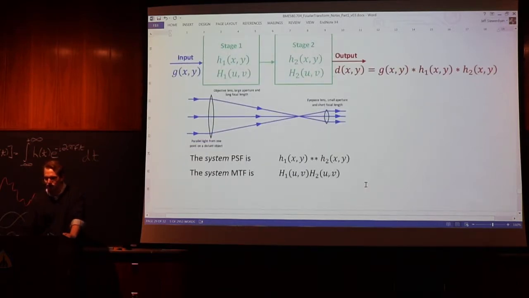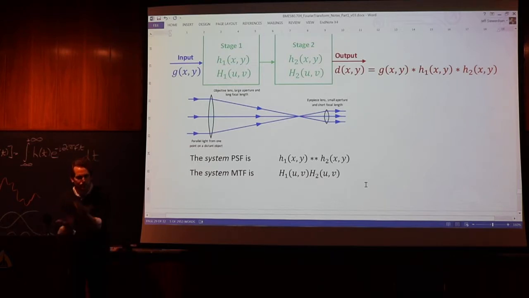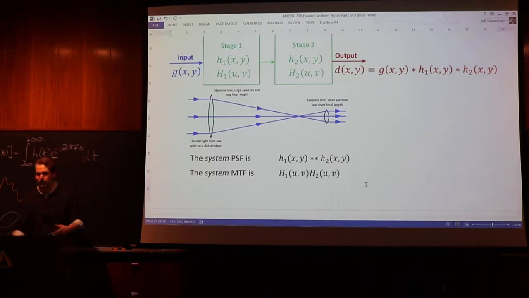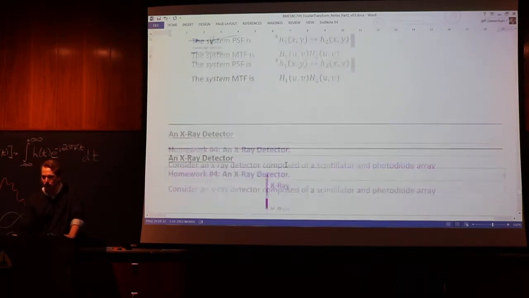I skipped to the answer, but the system PSF is the convolution of these PSFs together, and the system MTF is the product of those individual transfer functions. I think you can see that. You could write it down.